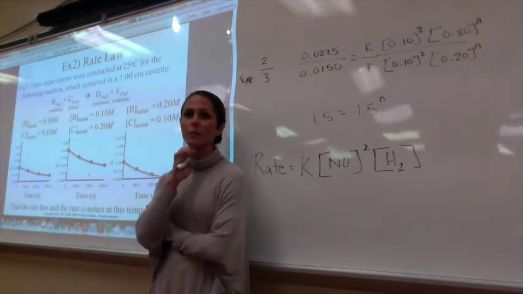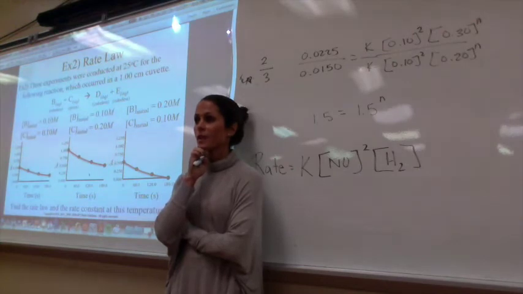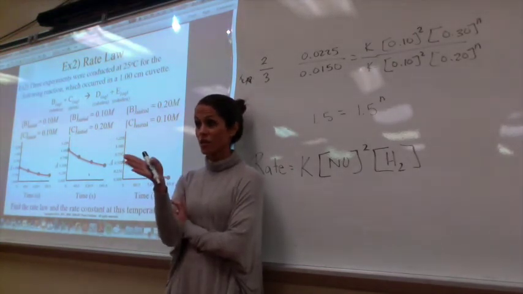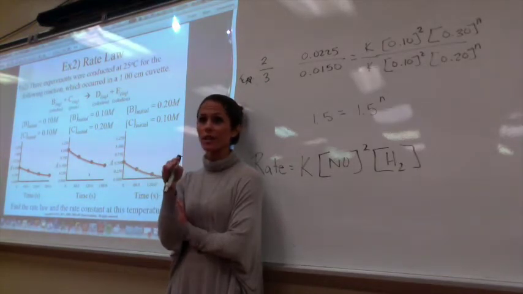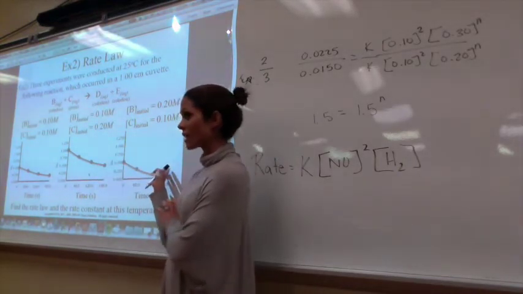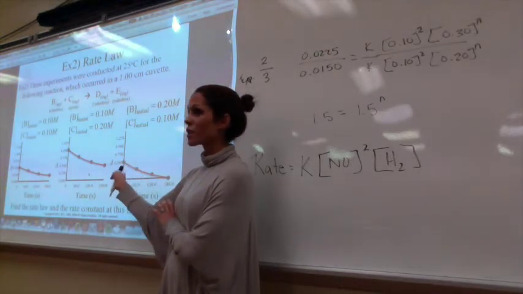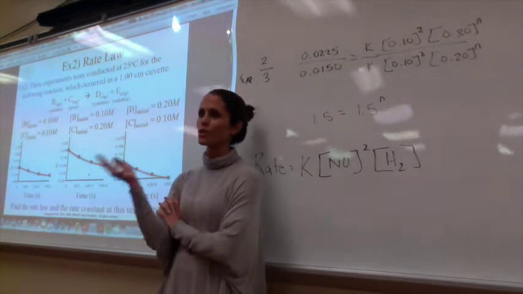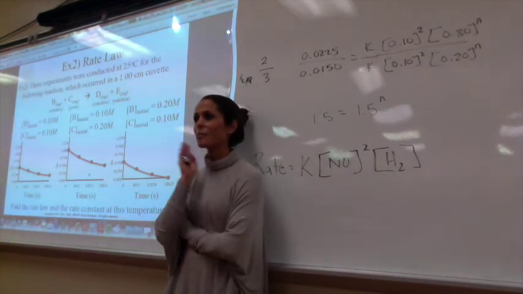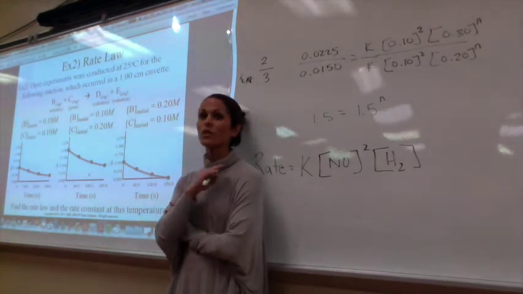What is rate? Not just final minus initial what? Concentration, change in concentration over time. So you could essentially calculate change in concentration over time from this data, even though it says absorbance, because then you can use Beer's law, A equals abc, which is why I hate this problem.